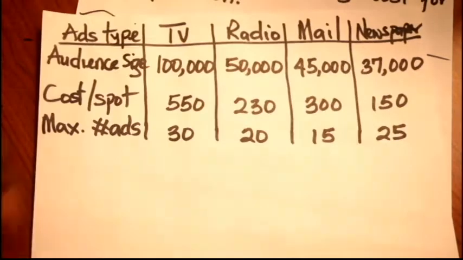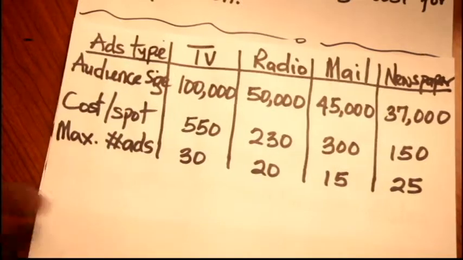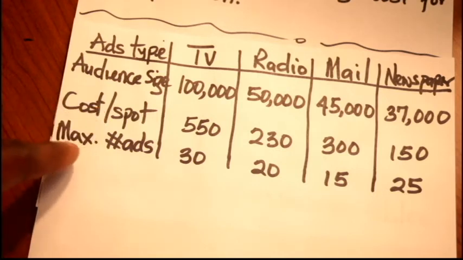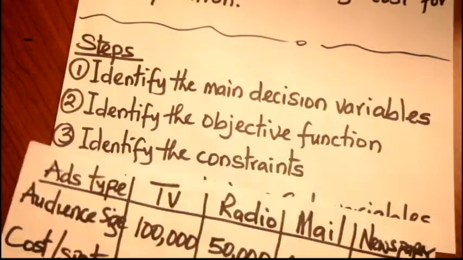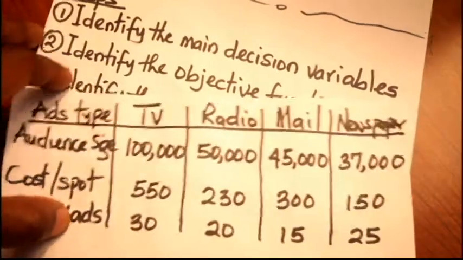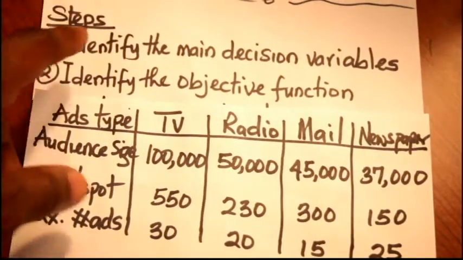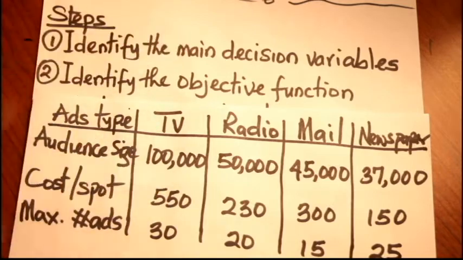Just like I said, I have this data supplied. We have the ads type, the audience size, the cost per spot, and the maximum number of ads here. Now, if I look at what I've been provided with, I need to identify the decision variables.